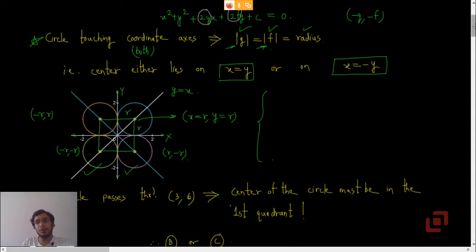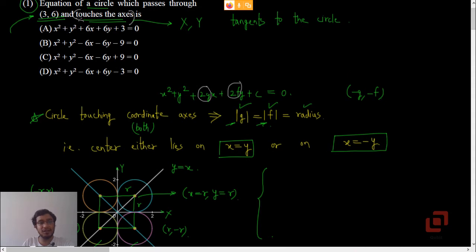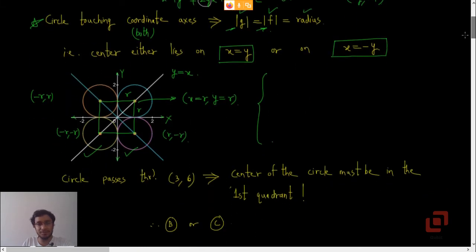Okay, now in the problem they are saying that the circle passes through (3, 6). Okay, now what point is (3, 6)? (3, 6) is a point which lies in the first quadrant. So if we have a point in the first quadrant, which means the center of the circle should also lie in the first quadrant.